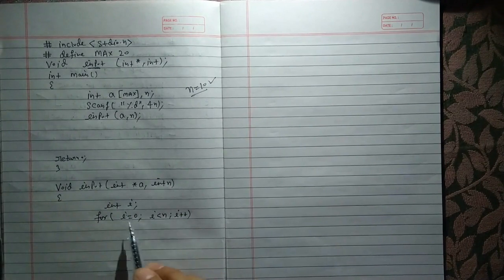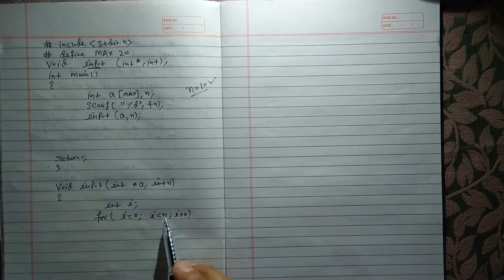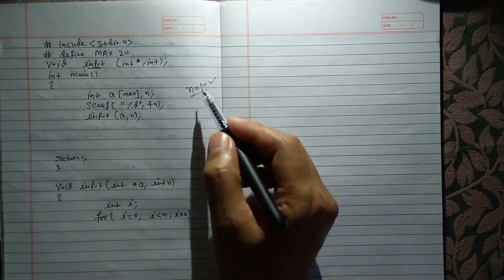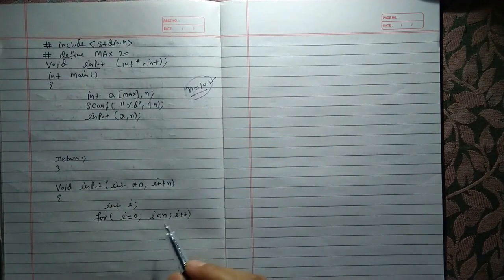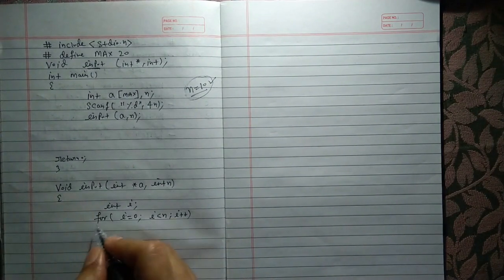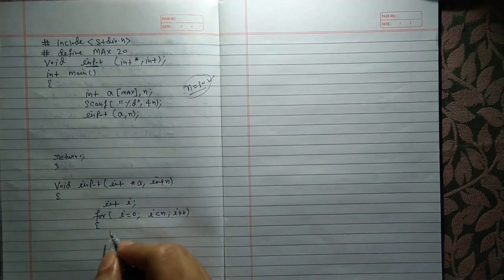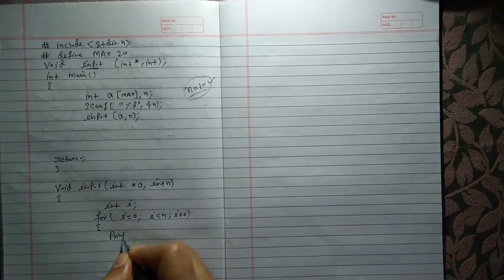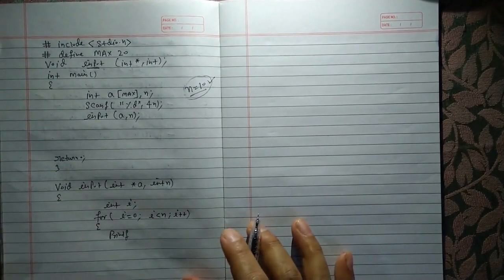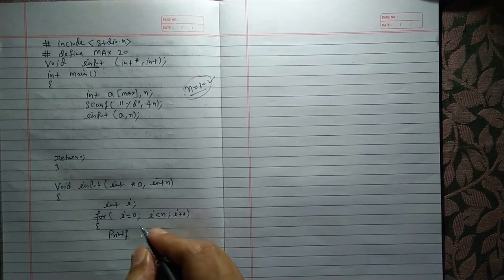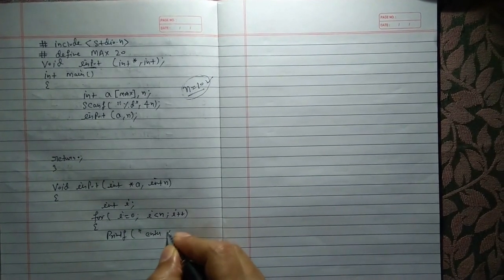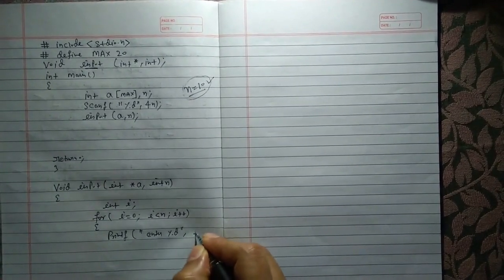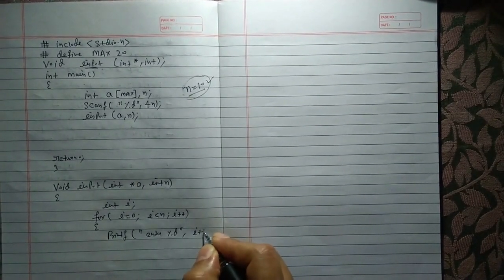i less than n. What is i? i is 0. 0 is less than n. What is n? n is equal to 10. Suppose you have input n equal to 10 with the help of scanf. i plus plus, this is the increment. Then we are coming inside this loop. So printf "enter %d", and I am writing i plus 1.